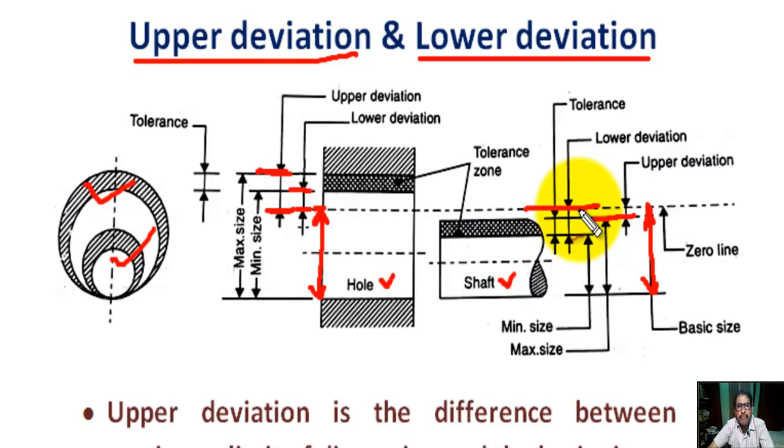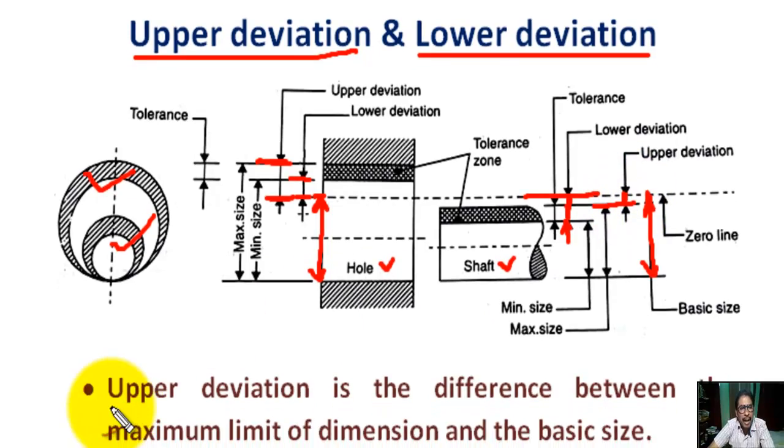Lower deviation for shaft, this is the difference between basic size and minimum size. This is the lower deviation, this is the upper deviation.